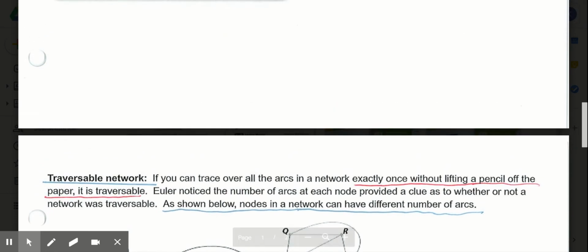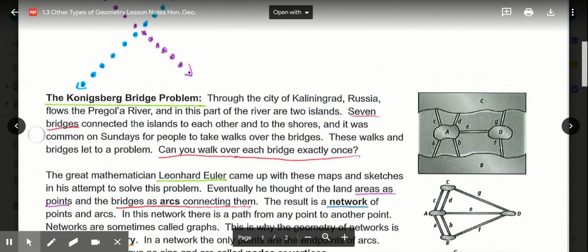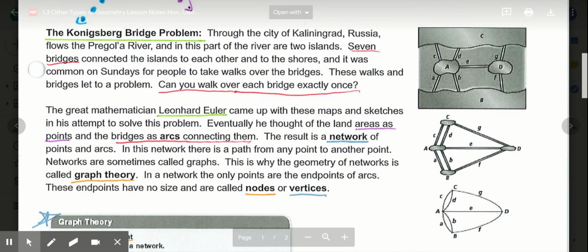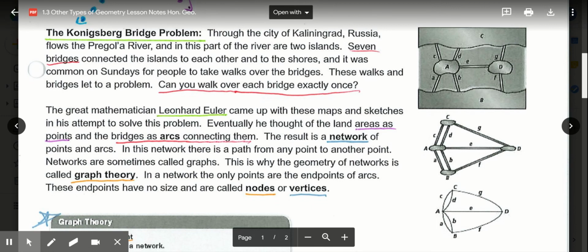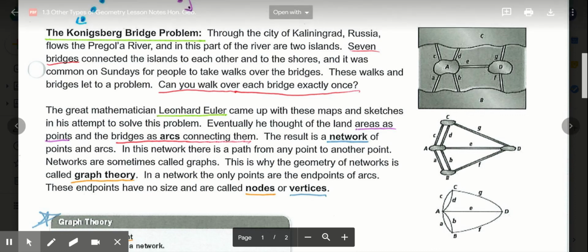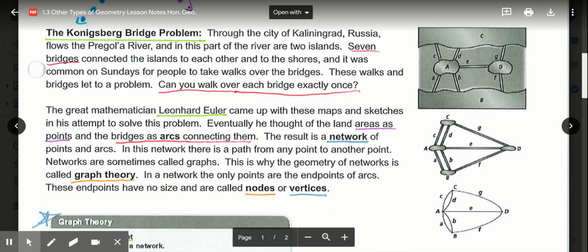So at this point, we know Euler took this Königsberg Bridge problem and came up with this drawing here, this network, which in a sense created graph theory. And then we have our nodes, which are landforms here, and the arcs, which are different bridges.